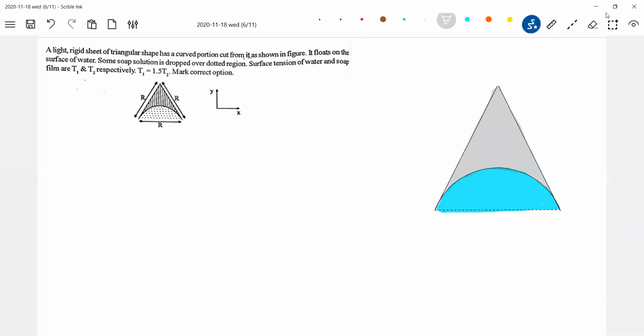Okay, fine. So now let's get into the force due to surface tension. Here the water will exert a force. And tell me how the soap solution will exert a force like this.